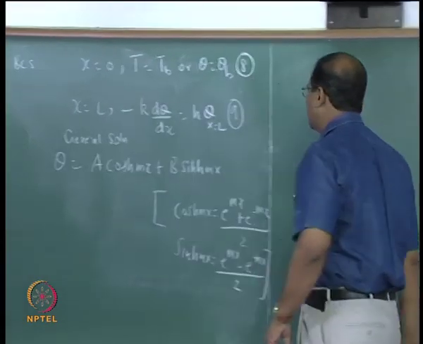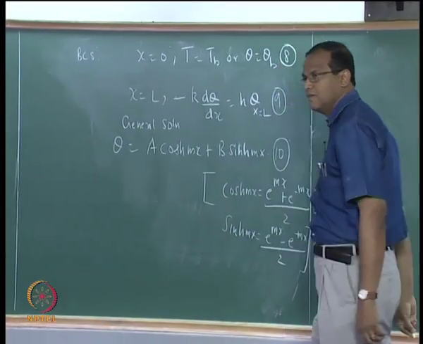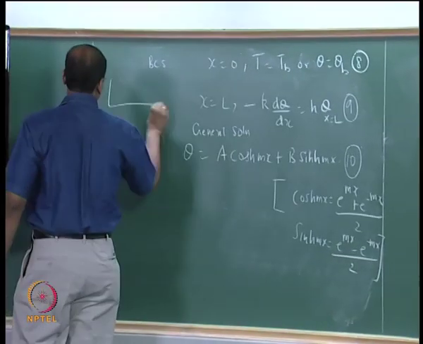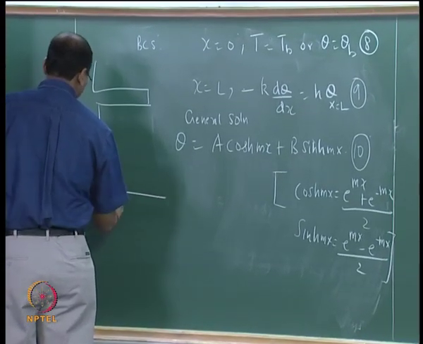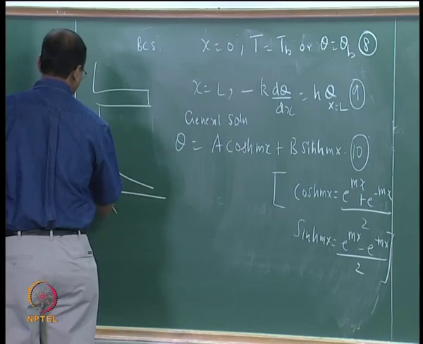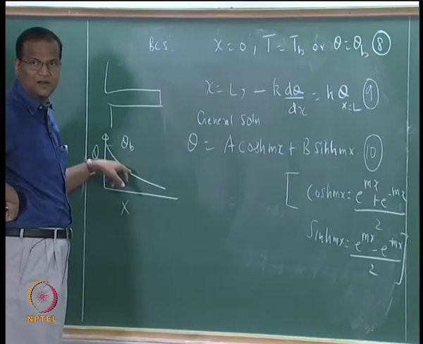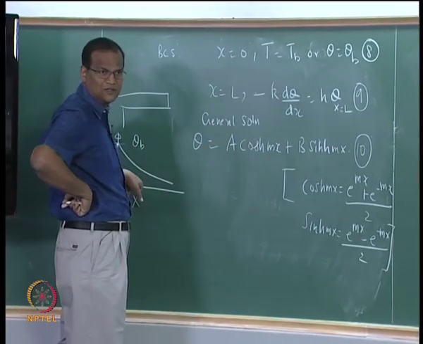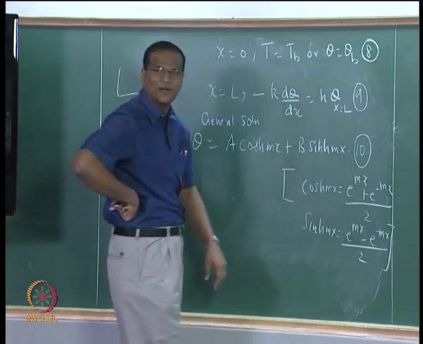Okay. So theta a cos h mx plus, okay, but your common sense tells you that the temperature should go like this, right. Cos h mx in fact is a good candidate for this because it is a composite of e to the power of mx plus e to the power of minus mx.